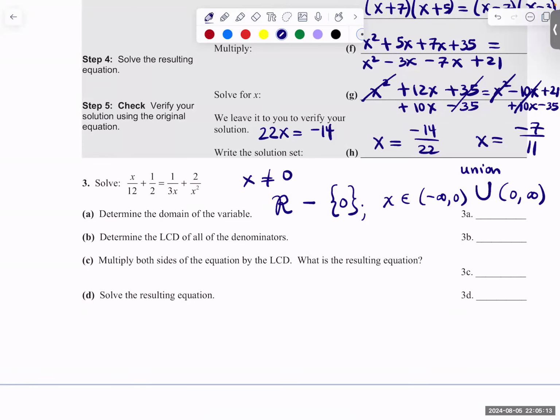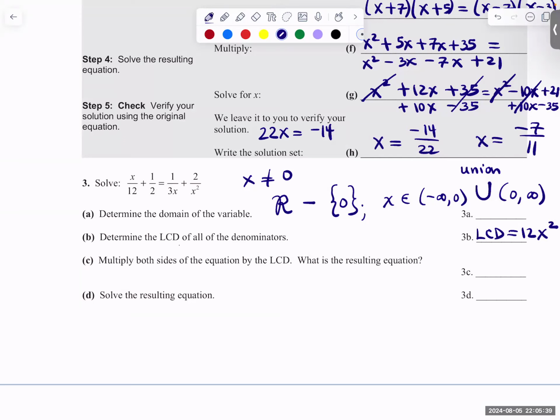Step B. Let's find the least common multiple of all the denominators. If we look at the 12, the 2, and the 3, since 2 and 3 are factors of 12, the LCD will include 12. X is necessary to include, and you use the greatest exponent, which is 2.